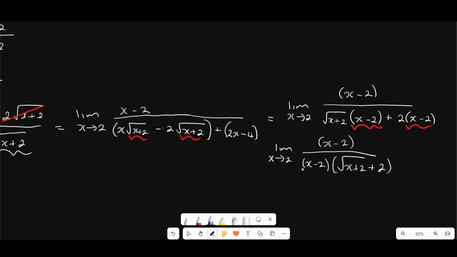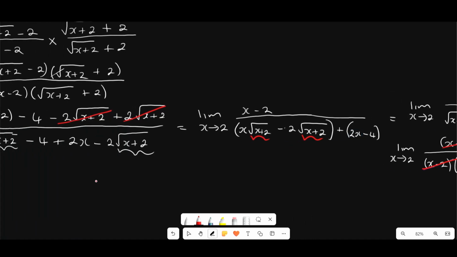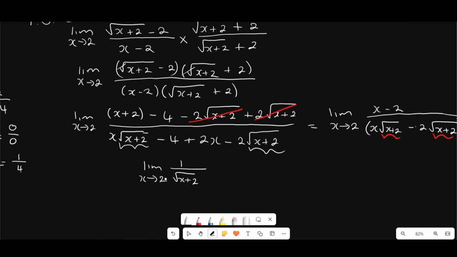and hence these two are common, therefore I can take these two common out, right? And hence I'll have the limit as x approaches 2 of the function 1 over square root of x plus 2, and then plus 2, right?